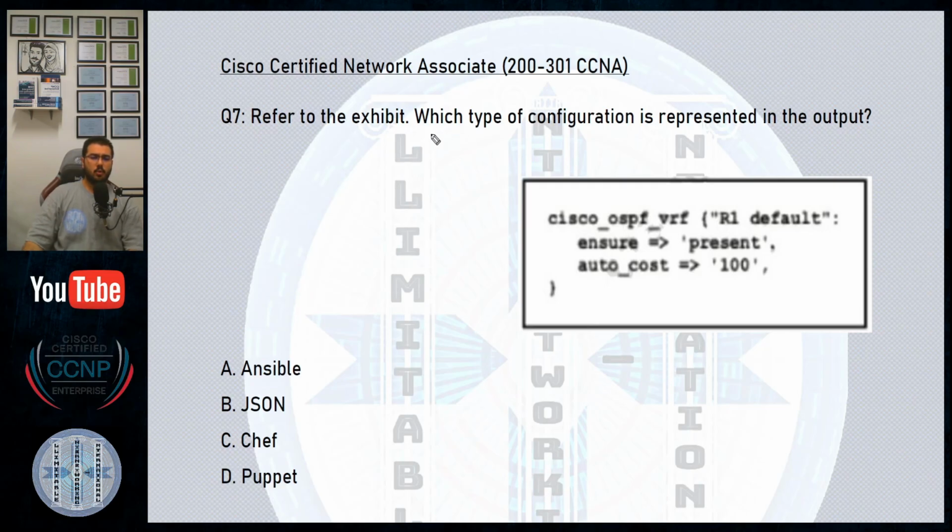Refer to the exhibit. Which type of config is this? There's a bracket with a quote, some string, colon, other stuff. Okay, what was that named in English? I forgot about it. Another one, and finally a bracket closing.